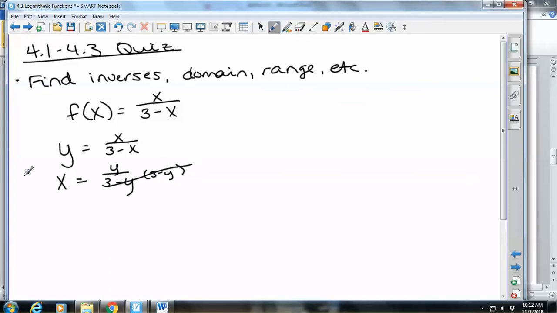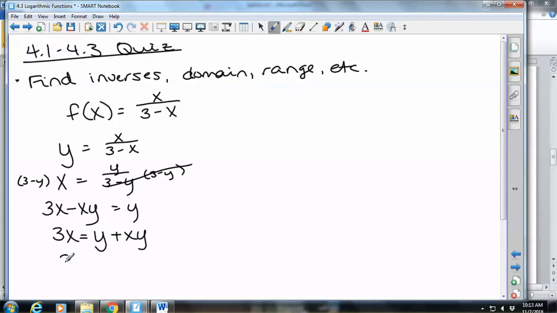So I'm going to multiply by my denominator. So I get 3x minus xy. I have y in more than one spot, so what do I need to do? Put all your y's on the same side. So I get 3x equals y plus xy.